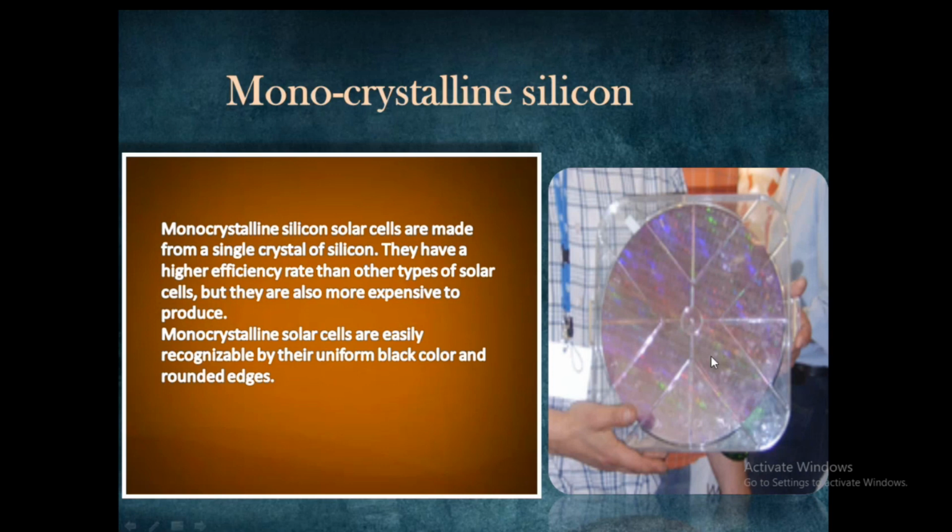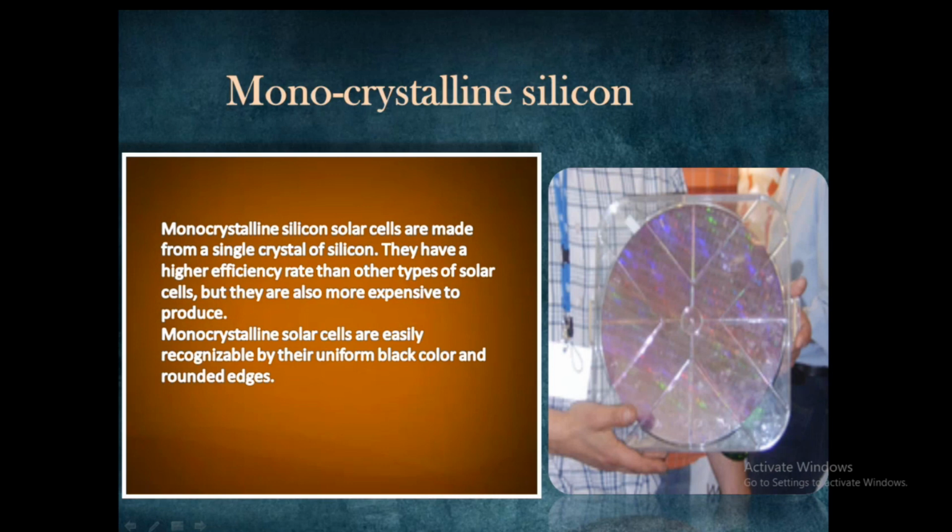This is a monocrystalline, one single crystal of silicon. Monocrystalline solar cells are easily recognizable by their uniform black color and rounded edges. You can see the black color with some light effects, and the rounded edges.